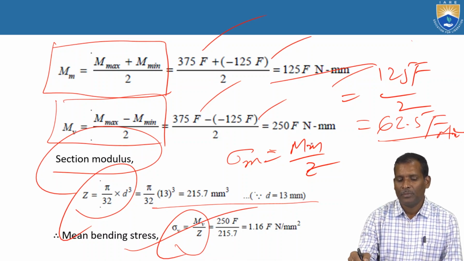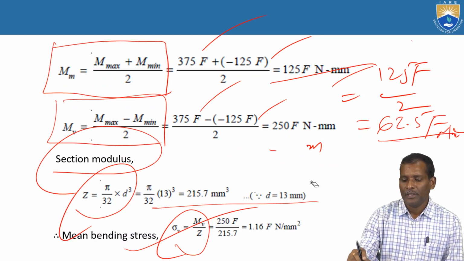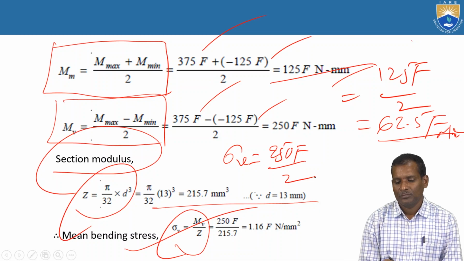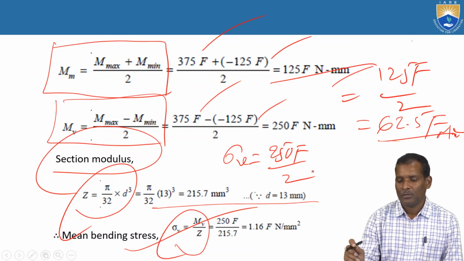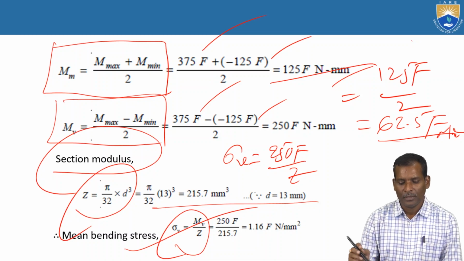The variable bending moment is 250, so variable bending stress is equal to 250F by Z. We do the same here.